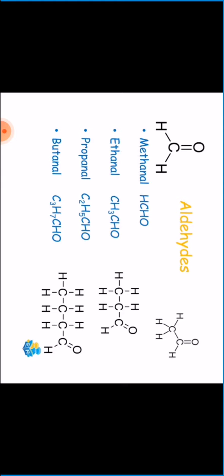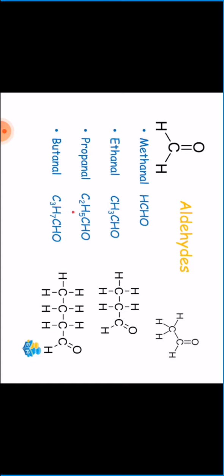Here's a slide showing some of the basic aldehydes and their names and chemical formulas. We've got methanal, which is HCHO, up here. Then ethanal, which is CH3CHO, this one here.